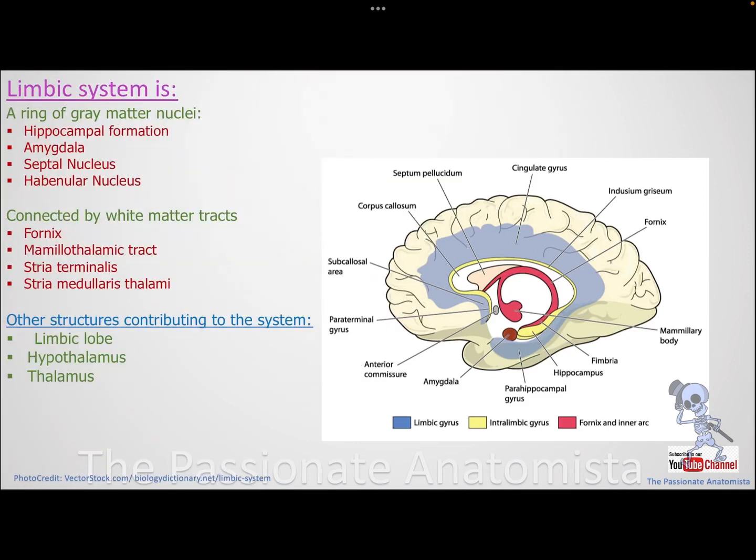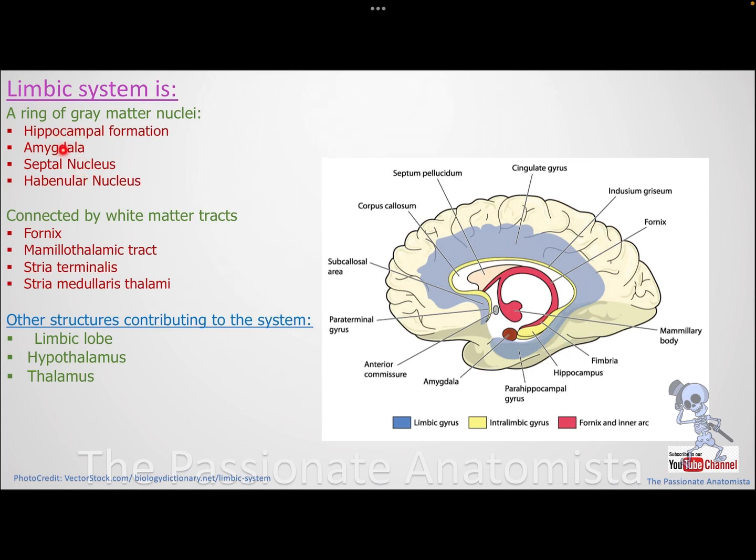Okay, so what is the limbic system composed of? The limbic system is basically a group of nuclei. These nuclei would be the hippocampal formation, the amygdala, the septal nucleus, the habenular nucleus, which is part of the pineal gland. All right, so all these ones are going to have a specific function, and we will know that.